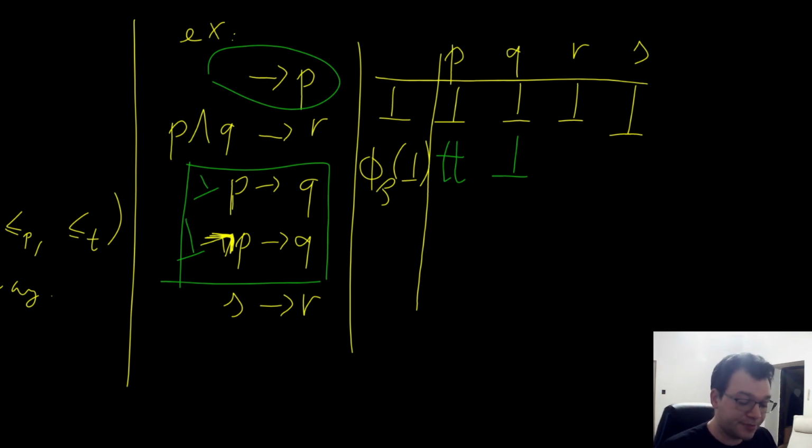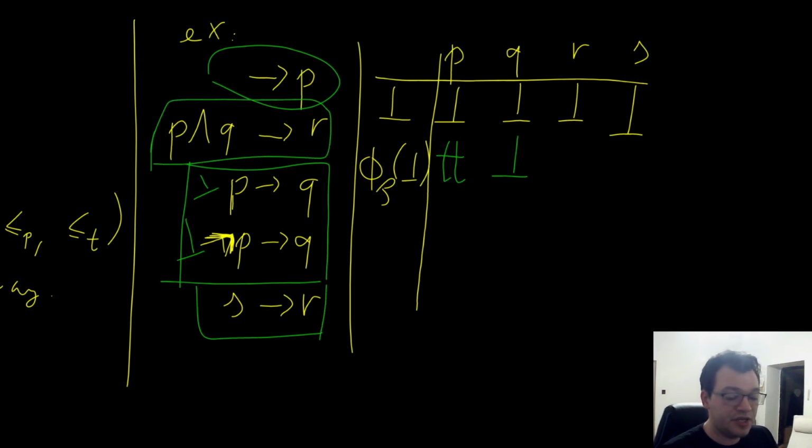Now for R, I have also 2 rules, this guy and that guy. But P and Q at this point is unknown and unknown, and it's unknown. S is also unknown, so I will get the value of unknown here.